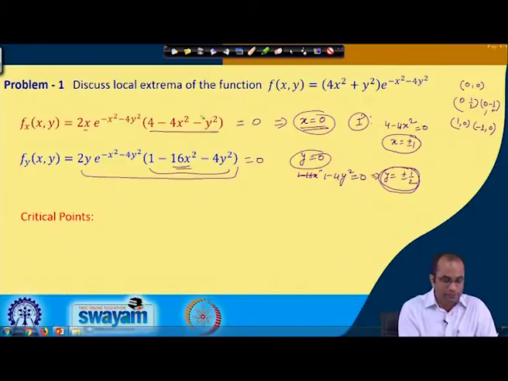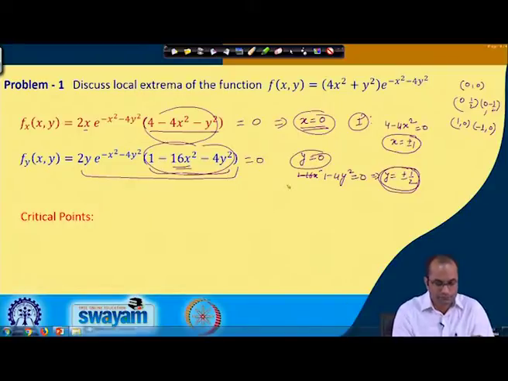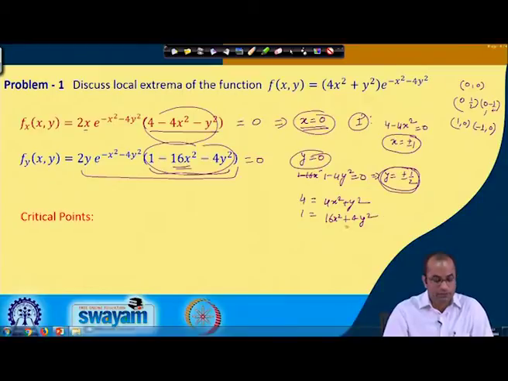Now, if we try to make this and this term 0, what we will get from the first equation is 4 equal to 4x² plus y². From the second equation we are getting 16x² plus 4y².